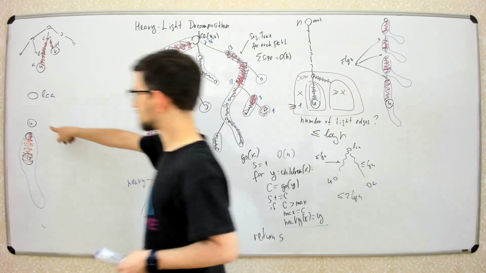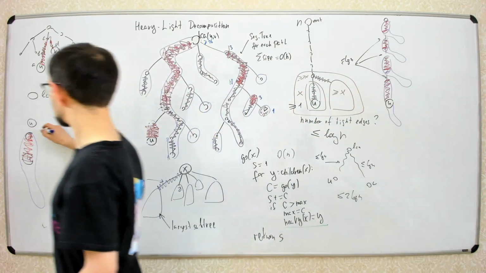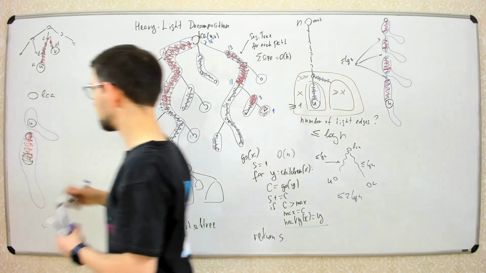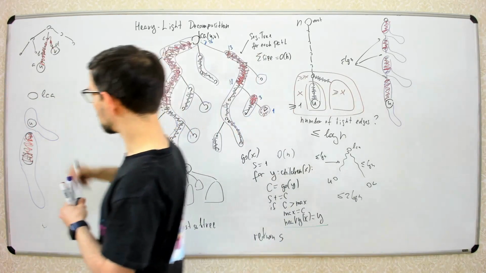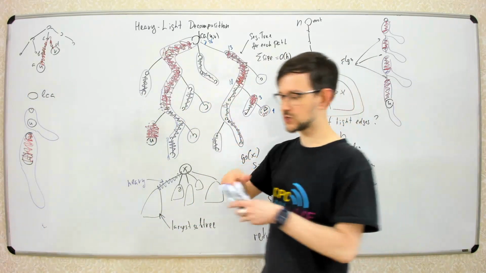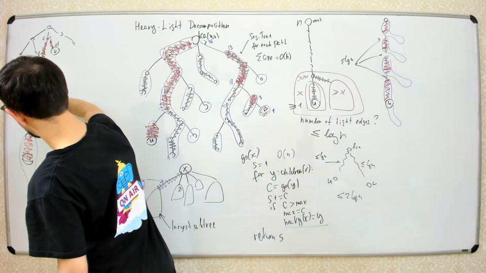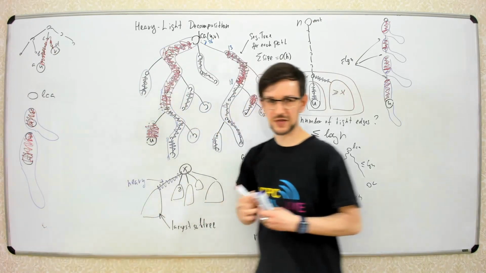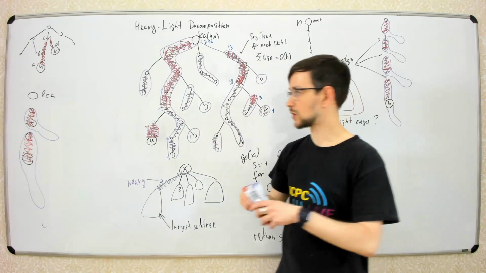Then again, we take this node, find the heavy path which contains this node, take the top node on this heavy path, see it is below LCA, so we take this sum, add the sum to the result, and so on.